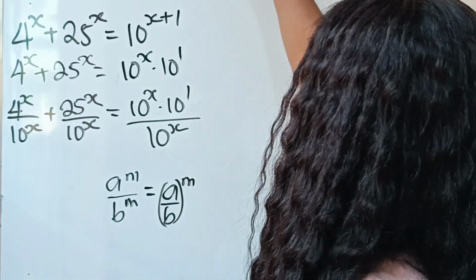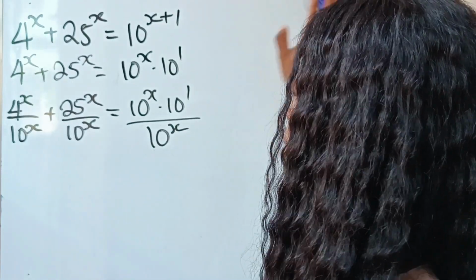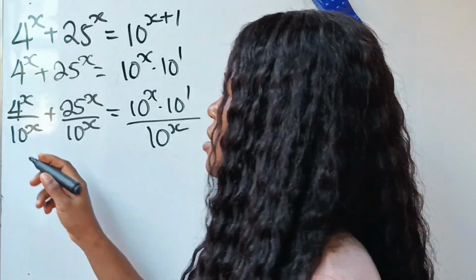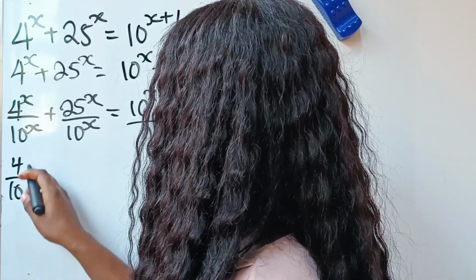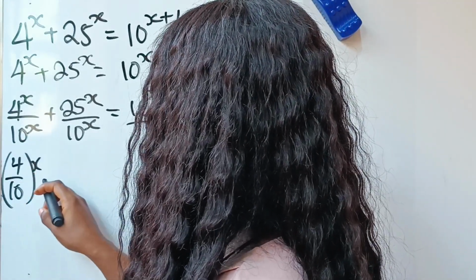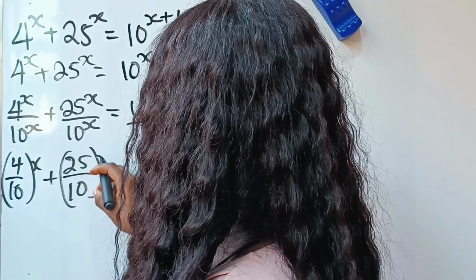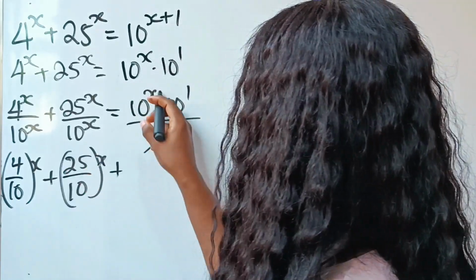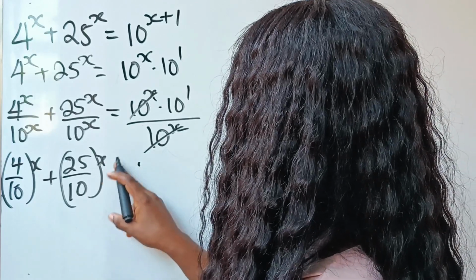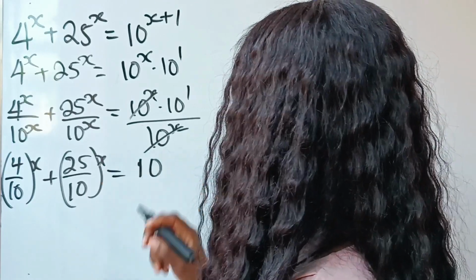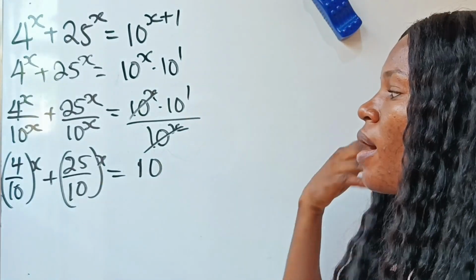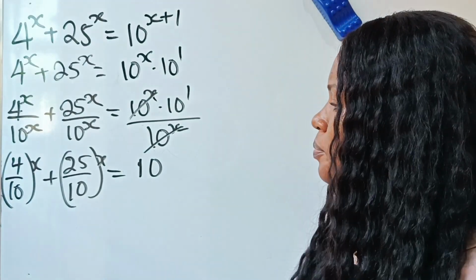So that simply means that we can rewrite this as 4 divided by 10 raised to the power of x plus 25 divided by 10 raised to the power of x plus, now we divide this, so this is equal to 10 because 10 to the power of 1 will still give us 10, right?